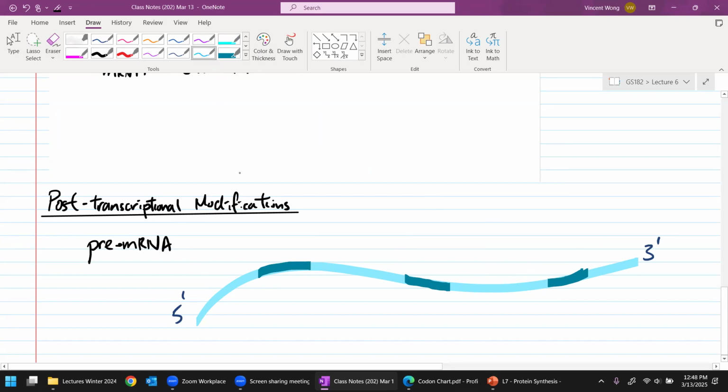This is just going to be like a couple lines. So it turns out there are sections on the pre-mRNA that are called exons. Okay. Exons are coding regions. You can think of exons as expressed in the protein.